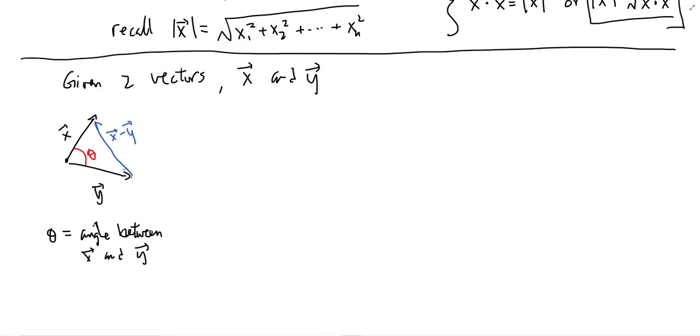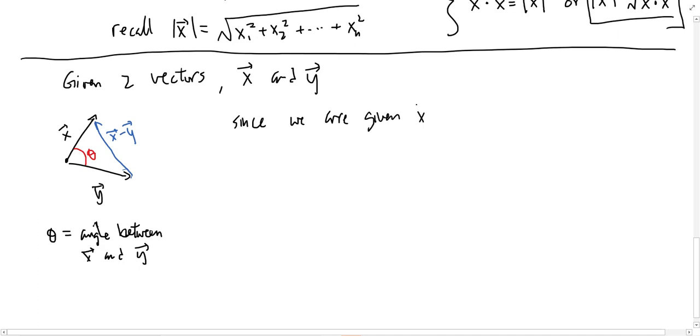Now notice that once I draw this vector, I actually form a geometrical shape that we all know, and that is a triangle. In this case, since we are given vector x and vector y, then we definitely know vector x minus vector y, which is the vector that goes from y to x. If you want to use vector y minus vector x, it's perfectly fine.